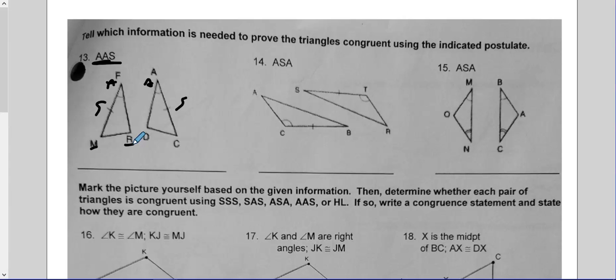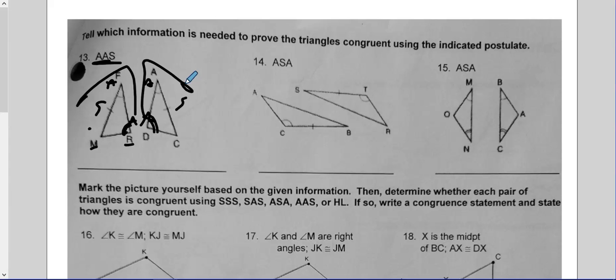But it needs to satisfy AAS. Let's say we went with the M. Would that be AAS? No, that would be ASA. So we don't want that one. But if we mark this one and this one, then we have AAS.